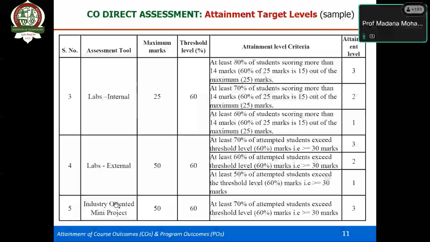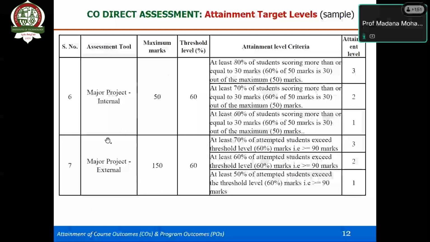Similarly, if you have a mini project or minor project or industry oriented project or project part 1, part 2, whatever the name, for that also you can set the levels. Similarly, some may have internal, external, technical seminar, whatever the components in the curriculum of that particular batch, for all we have to set the threshold value followed by the attainment level.